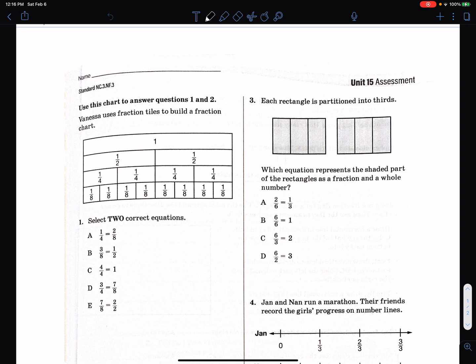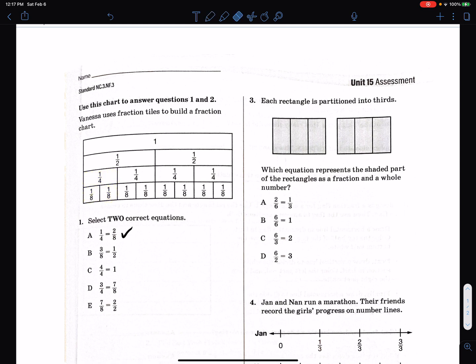So I'm going to look at letter A, and I see that they think that 1/4 is equal to 2/8. So I'm going to color in 1/4, and I need to color in 2/8. And is that equivalent? I see that it is. So I'm just going to put a little check mark beside it because I know that one is correct.